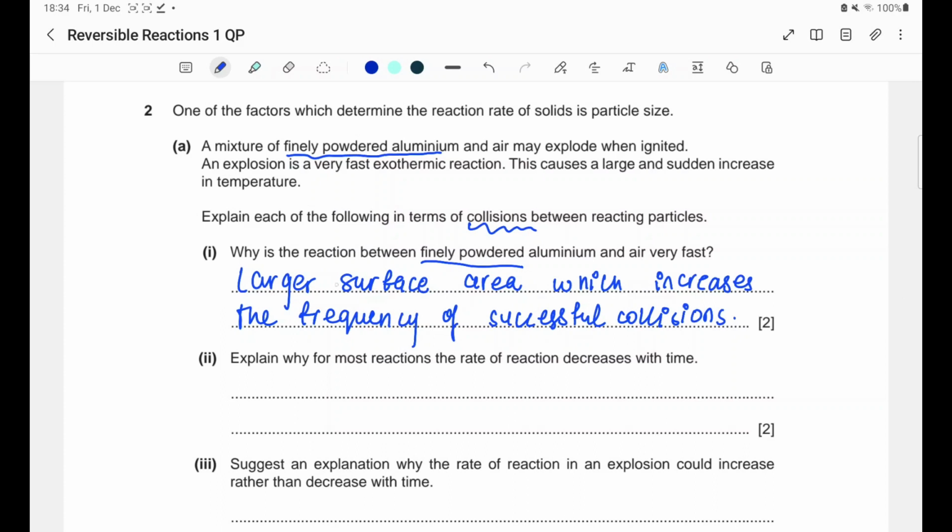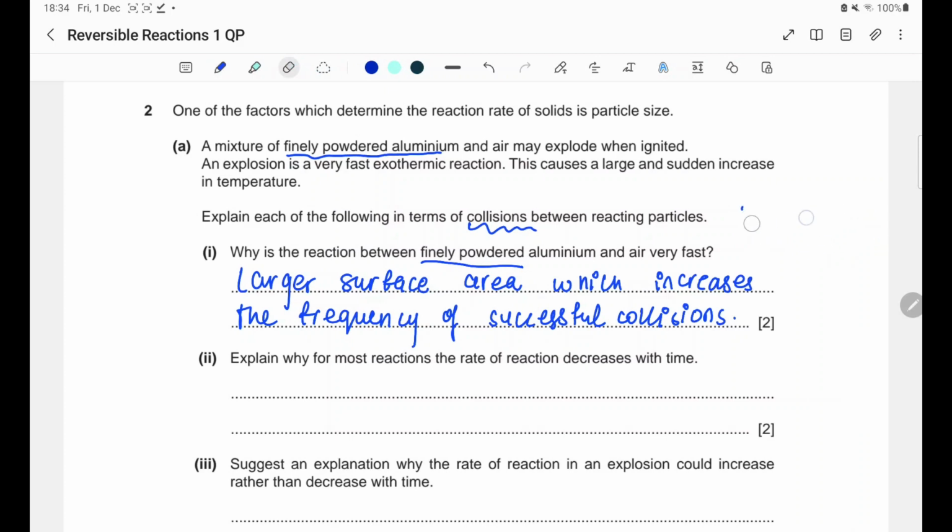So here, what happens is that when you have a larger surface area, this is your large surface area and this is your small surface area. Here, only these two particles will react with whatever is the other reactant that needs to be reacted with. And over here, we have all of these particles that react with, for example, air over here.